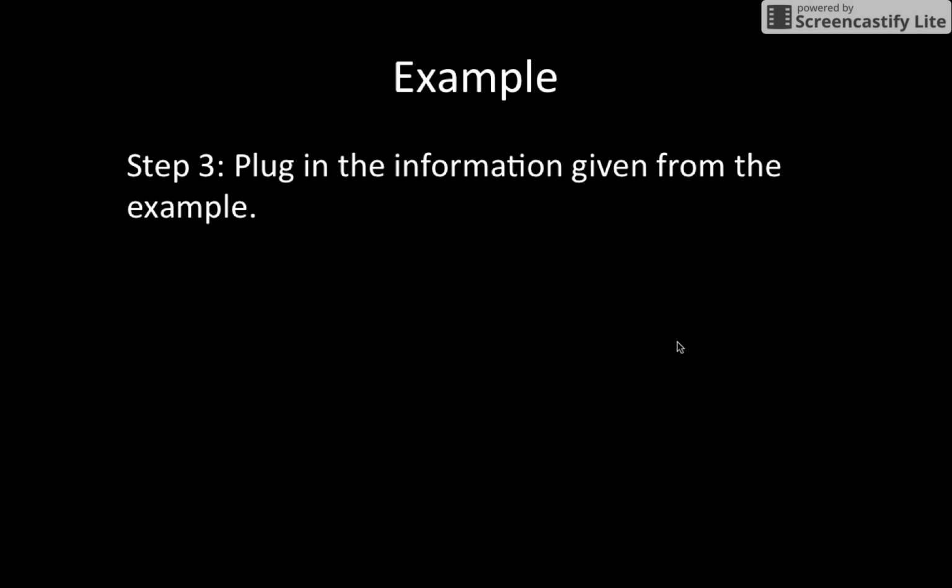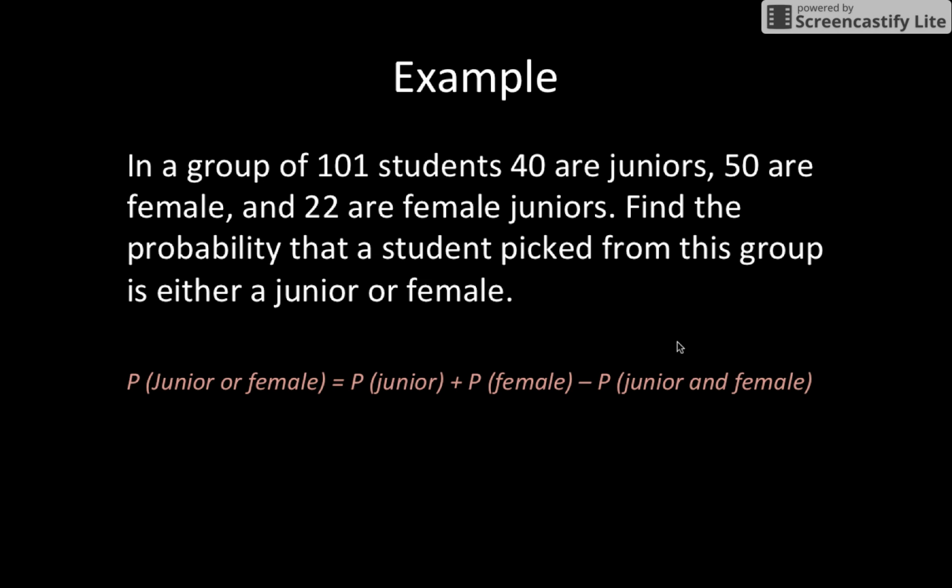Next, we want to plug in the information given from the example. So what we are going to do is we're going to look at the probability of junior plus the probability of female minus the probability of junior and females. So to get your probability of junior, you're going to look back into the problem and see that there are 40 juniors.